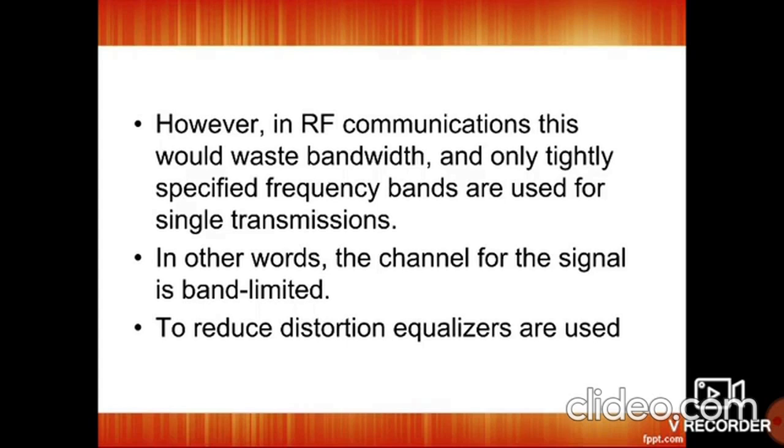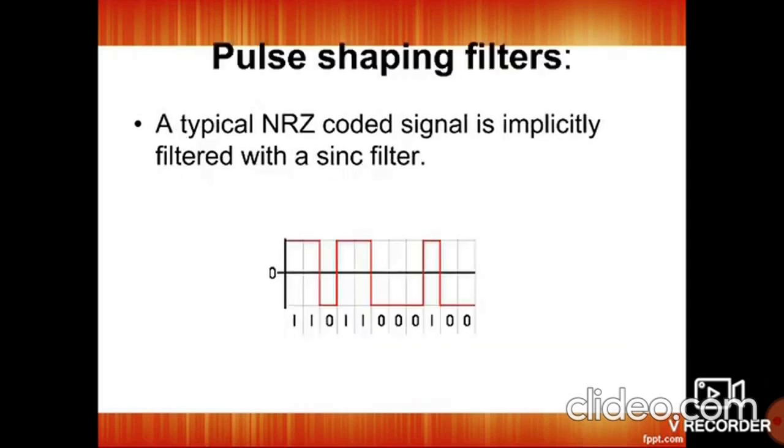RF systems have some bandwidth, and only signals that fit in that particular spectrum can be sent. If it exceeds that spectrum, the bandwidth will be affected, so shaping of pulses is necessary. A typical non-return-to-zero coded signal is implicitly filtered with this sinc filter. Sinc is sin x by x.